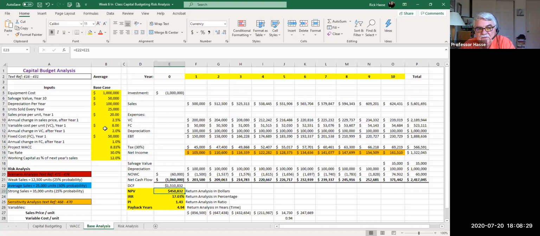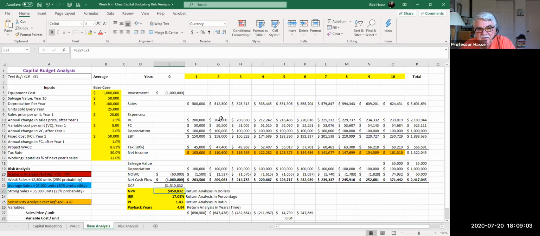And we had these various variables: selling price, number of units sold, depreciable life and yearly depreciation, inflation rates for selling price, variable cost, and fixed cost, tax rate of the particular business, and the working capital amount that we need, in addition to the investment, to be able to get the asset off its ground and maintain that asset over its life.